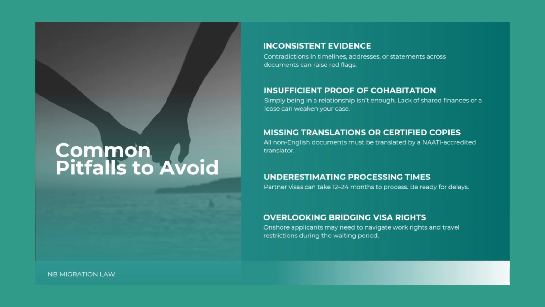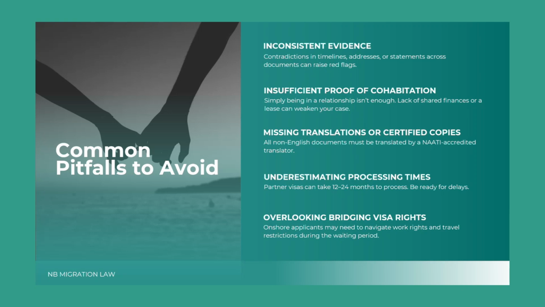If, for example, they're holding a tourist visa, student visa, or employer sponsorship visa, once you apply for a partner visa, even though you're on a visitor visa, the bridging visa that will be given to you will have full-time work rights. However, you do need to consider as well that even though the bridging visa has work rights, it needs to be activated first.